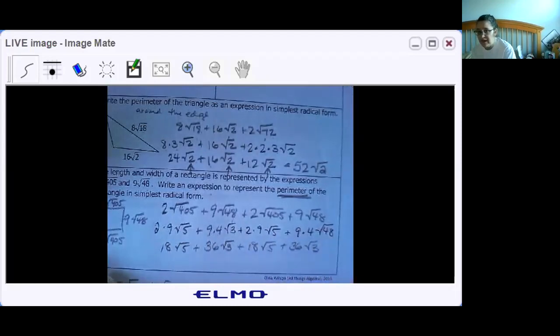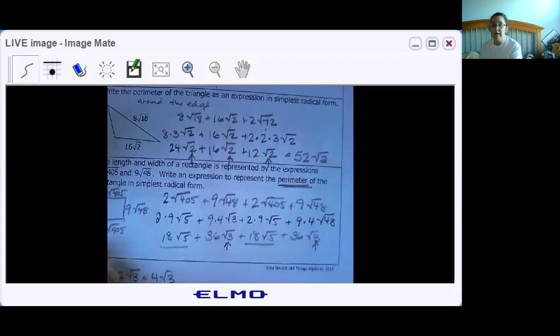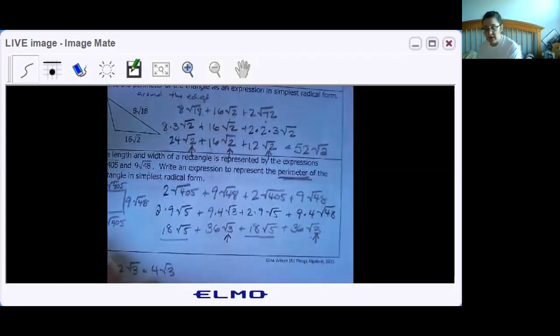Now, slight problem. I have 2 that have the square root of 5, and I have 2 that have the square root of 3. Just like if I had 2 that had x and 2 that had y, you only combine the ones that have the matching radicals.